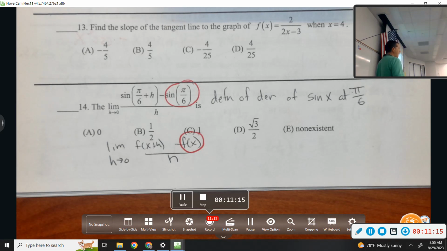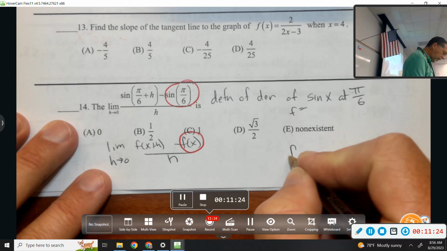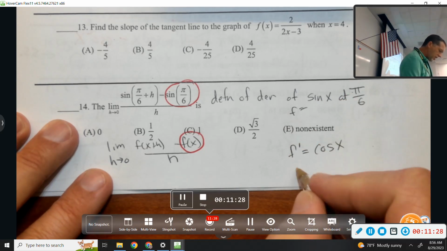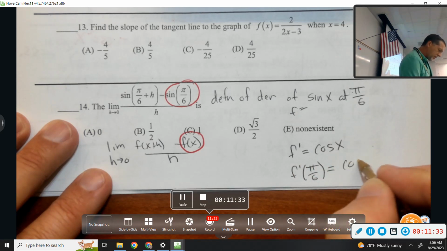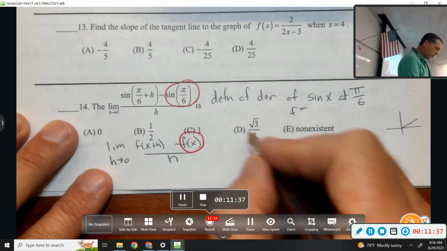So I'm not really dealing with limits. I mean, it's a limit problem, but I'm not really going to work it like a limit problem. I'm going to work it by finding f prime, because I know the derivative of sine is cosine. And at pi over 6, cosine of pi over 6 is root 3 over 2.